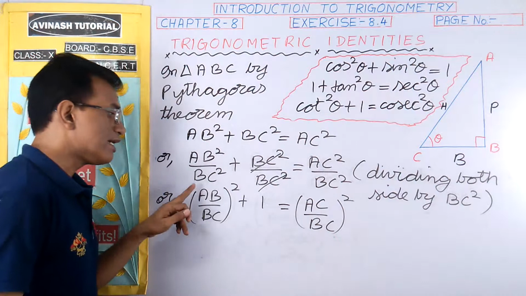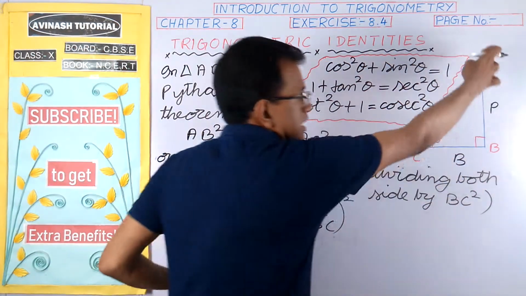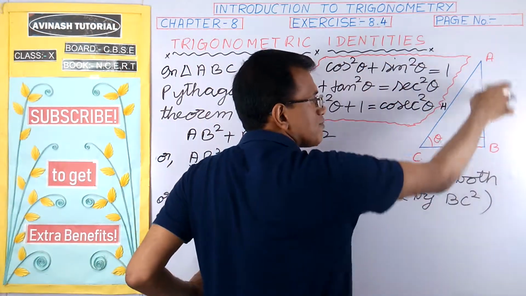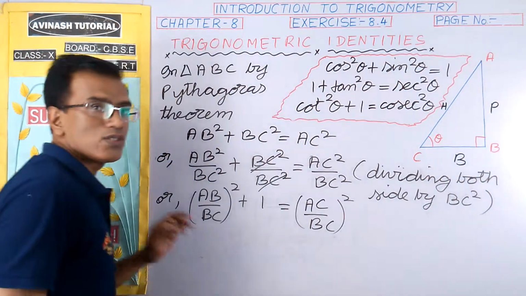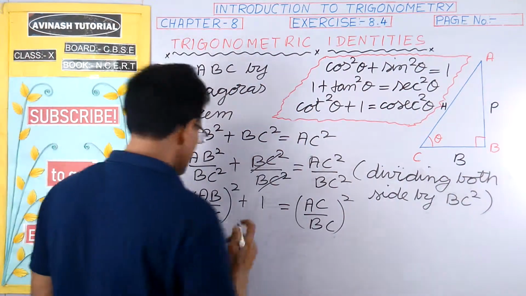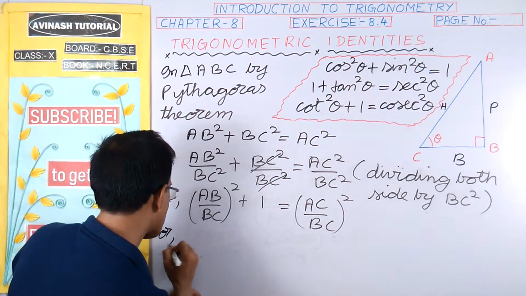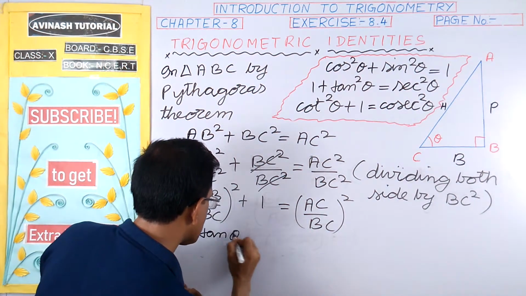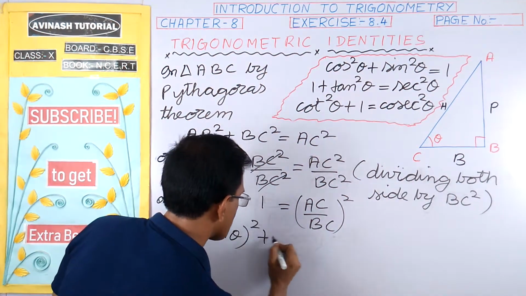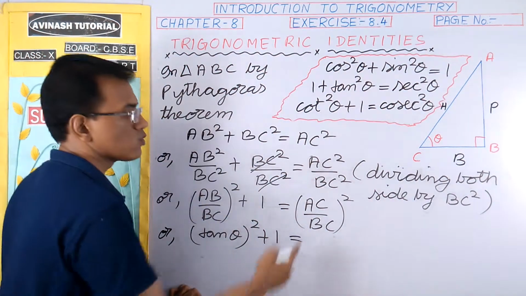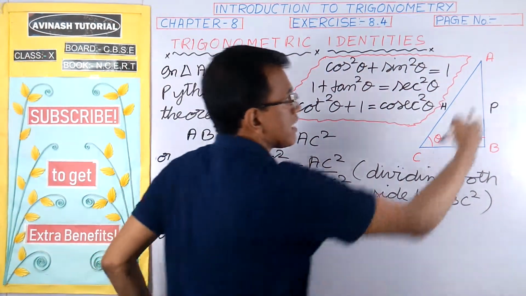Now let us see AB by BC. AB by BC, perpendicular by base. You know that perpendicular by base is tan theta. So we can write tan theta whole square plus 1 is equal to AC by BC whole square.